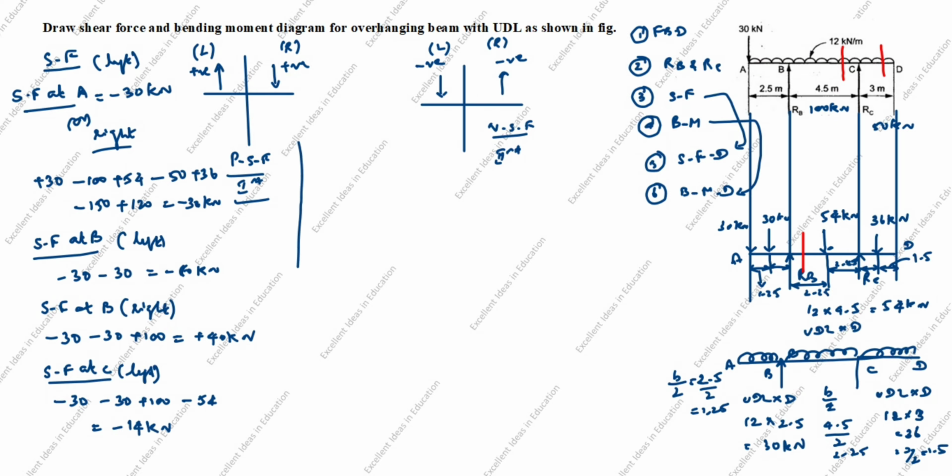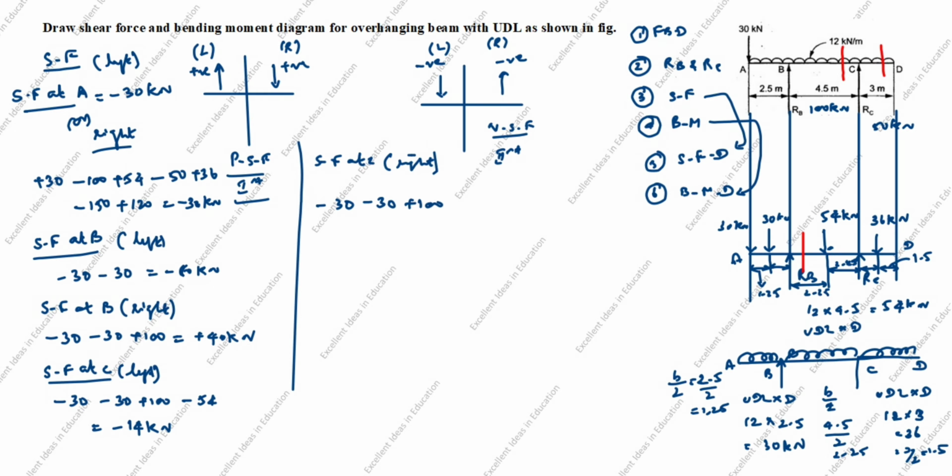Next, shear force at C right side. So the right side is up to here we will take. First arrow comes down. Down is negative, minus 30. Next arrow also comes down, negative, minus 30. Next arrow goes up, positive, plus 100.